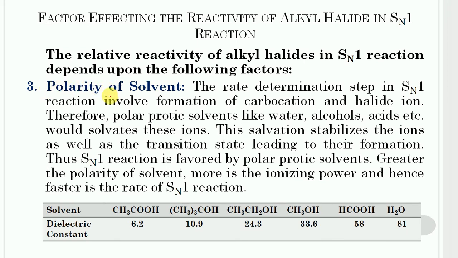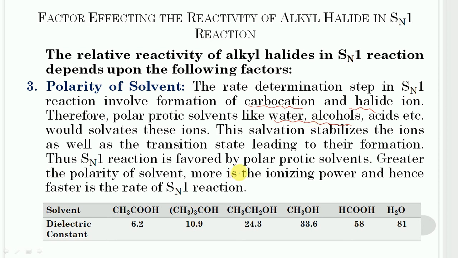The rate determining step of the SN1 reaction involves the formation of ions, that is carbocations and halide ions. Therefore, polar protic solvents like water, alcohol, and acid would solvate these ions.